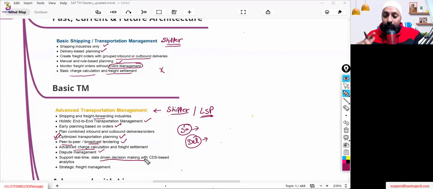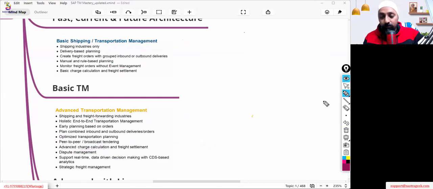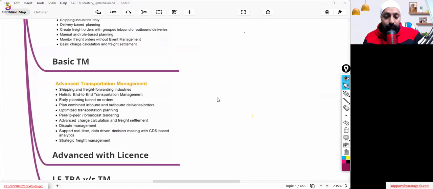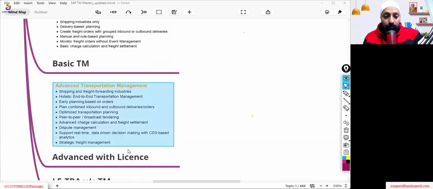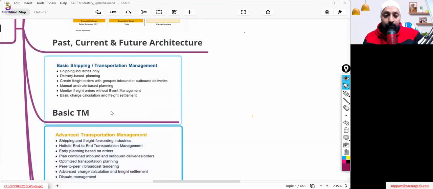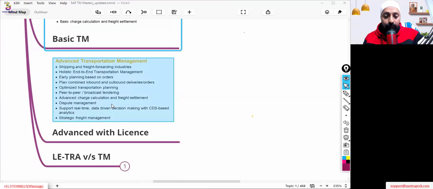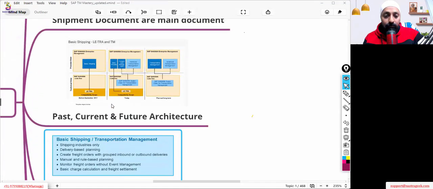And connection with your logistics business network, LBN, connected with EWM, those all integrated connections are only available in advanced, not available in the basic one. This is advanced with license. This is basic TM without license. Okay.